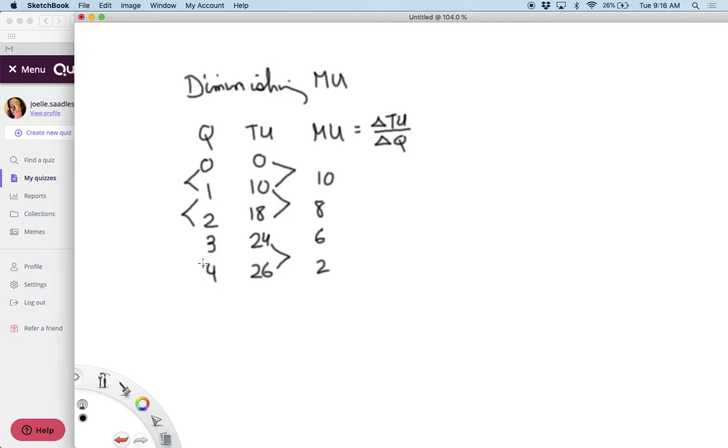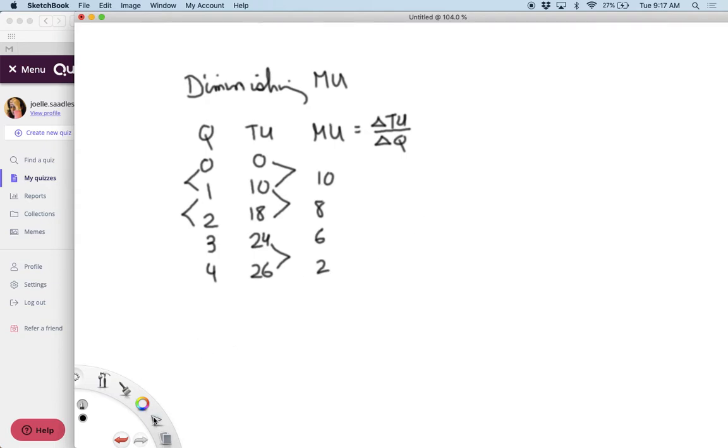It's just that the rate of increase is slower than the previous unit. The fourth unit gave you extra happiness, but less than the extra happiness you got from the third unit, which is less than the extra happiness you got from the second unit, and so on. That's what diminishing marginal utility refers to.